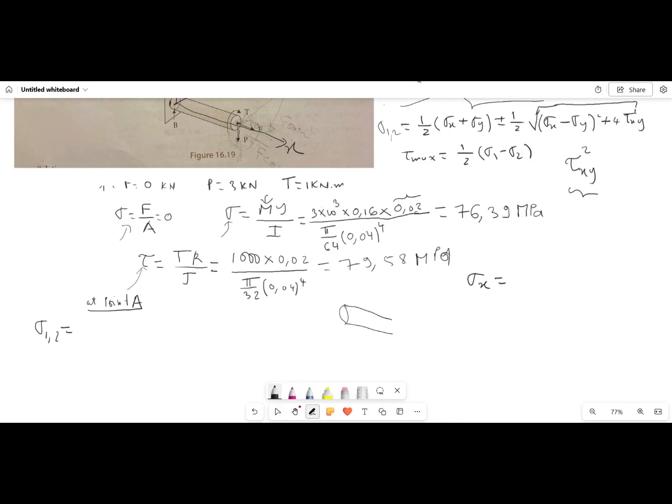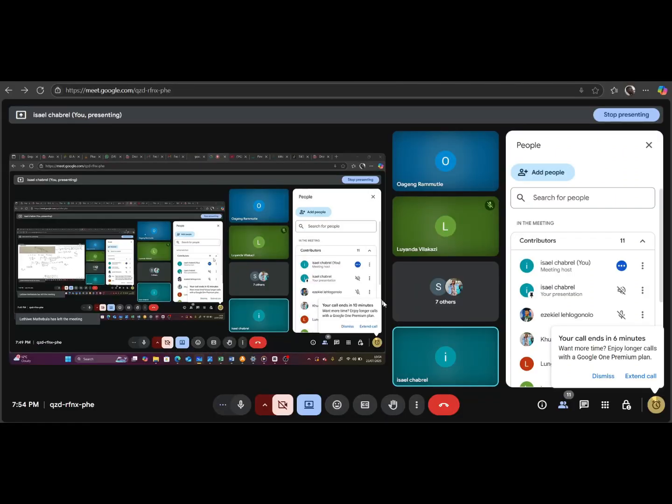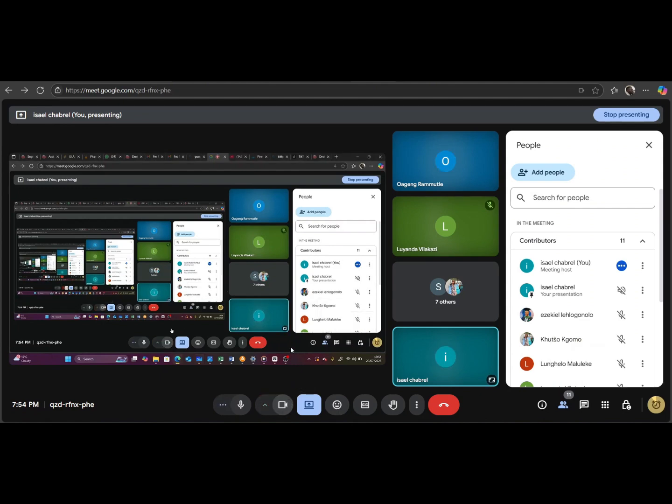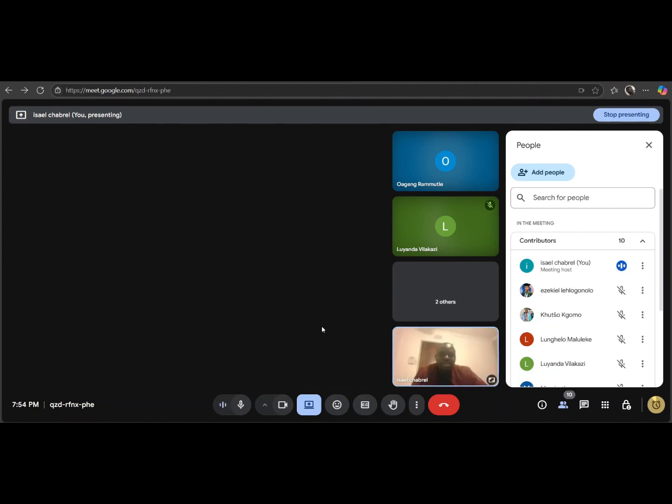Wait, you guys can see me, right? If I open my face, you can see me while I explain this. I cannot show my face if I'm sharing the screen. Now you can see my face.